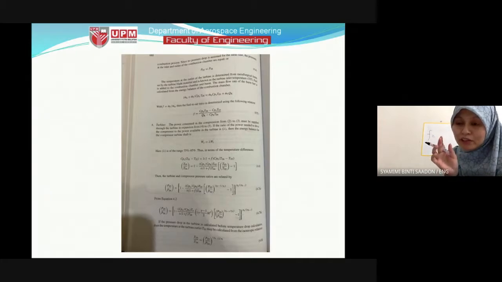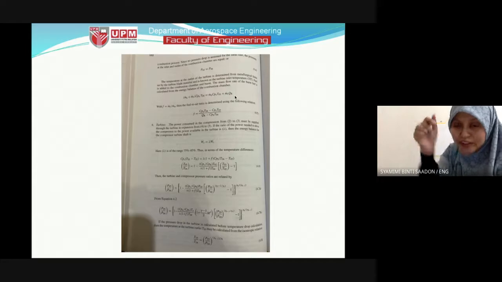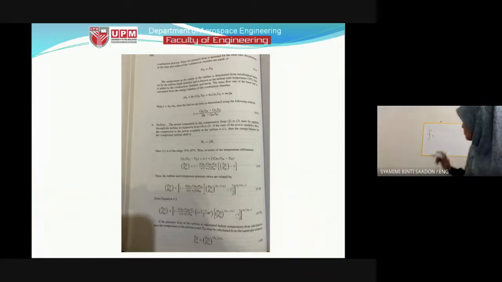So F, so that you understand where this equation for F comes from. It comes from the energy balance of the air and fuel inlet and outlet of the combustion chamber. So inlet you have air, and then we input the fuel, mix the fuel, and then exit, the mass flow rate of air and fuel mixed together.